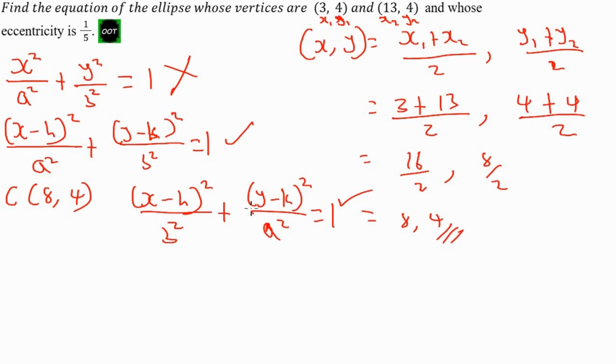If you look at the coordinates of the vertices, which axis tends to have the highest value? Look at it. 3,4. Though 4 is more than 3. But when it comes to the other one, we have 13,4. Far away. The x-axis is having more value. That tells you that it's a horizontal orientation ellipse.